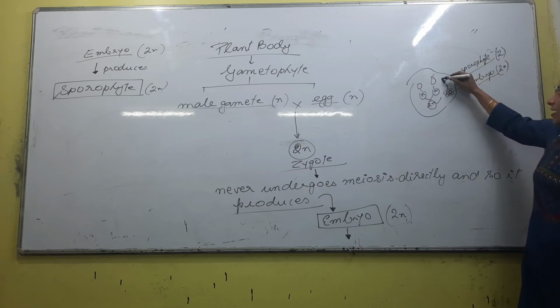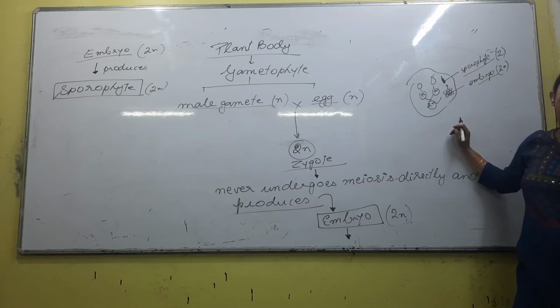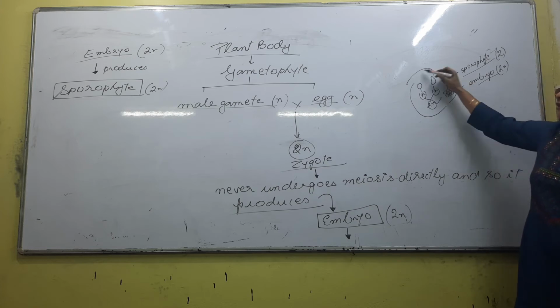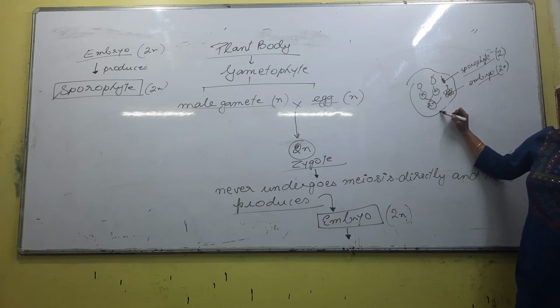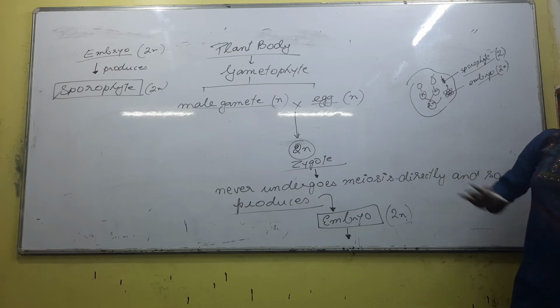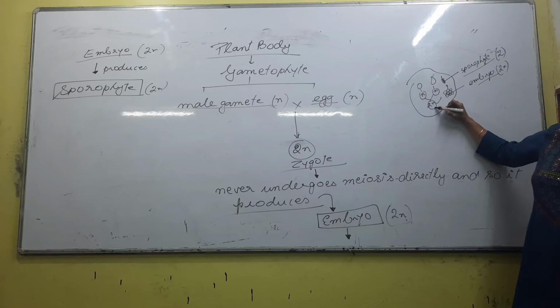So where is the sporophyte formed in case of a bryophyte? The answer is on the gametophyte itself. Did you understand? In case of bryophytes, the sporophyte is formed on the gametophyte itself.